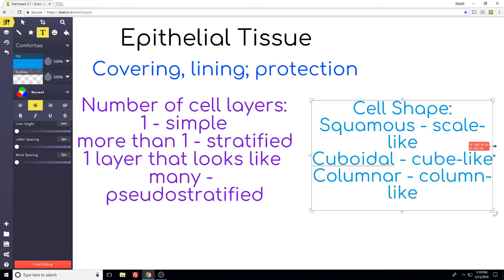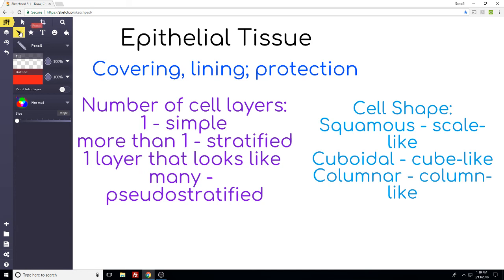And what we're going to do when we name epithelial tissue is we're going to take one word from each of these options. So if we had a simple cuboidal epithelial tissue type, that would mean that we had one layer of cube-shaped cells. If we had a stratified squamous tissue type, that means we would have multiple layers of squamous cells.